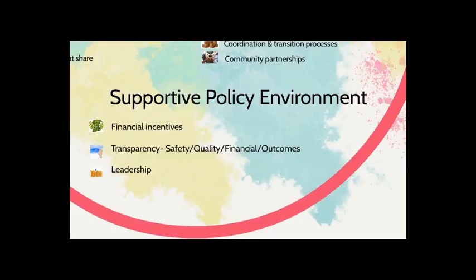You talked earlier about the importance of transparency, and it's transparency in all of these domains: safety, quality of care, the financial aspects, the outcomes. This should be open and available to providers within your organization, to the people you serve, to your community partners.